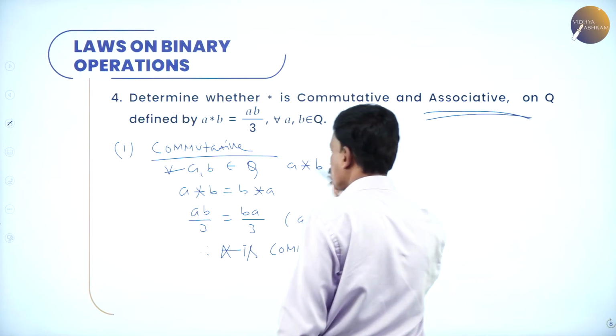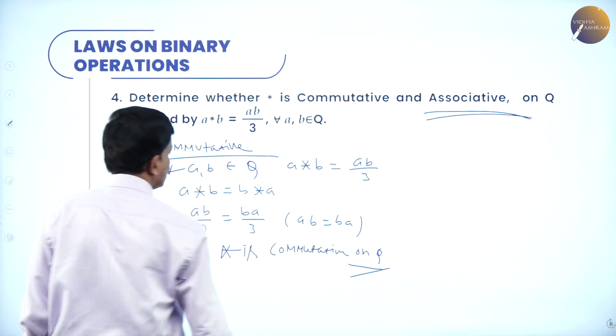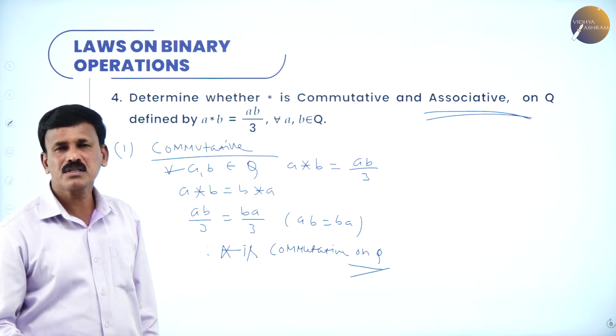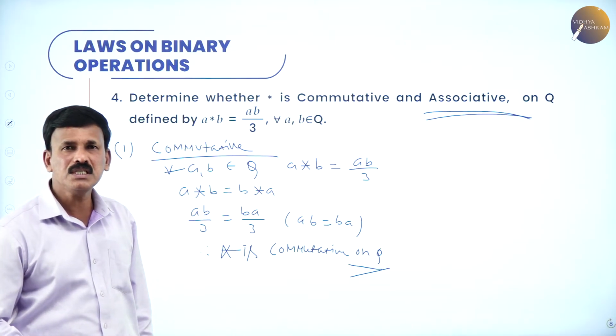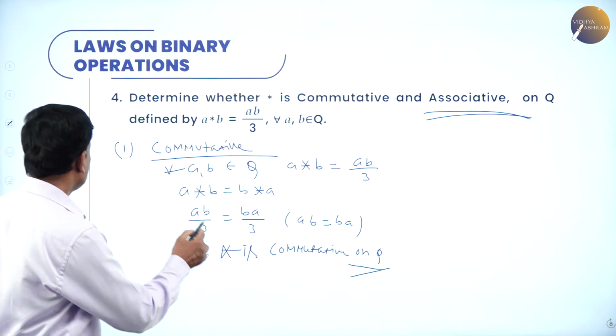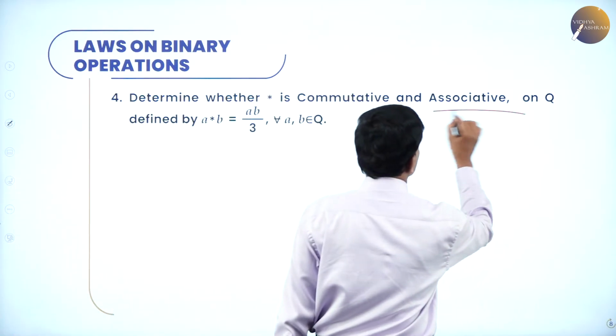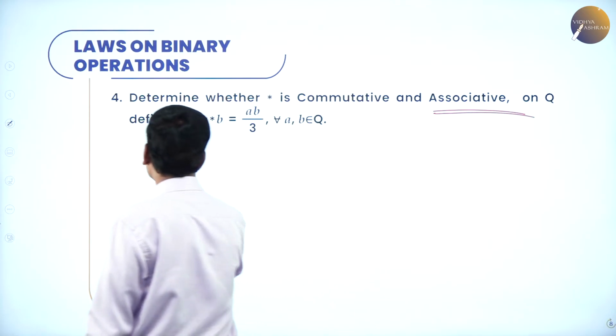To verify the associative property, let us consider for all A, B, C belongs to Q, (A star B) star C is also equal to A star (B star C). So, I will go to the next page. Now come to the second property, the associative law.